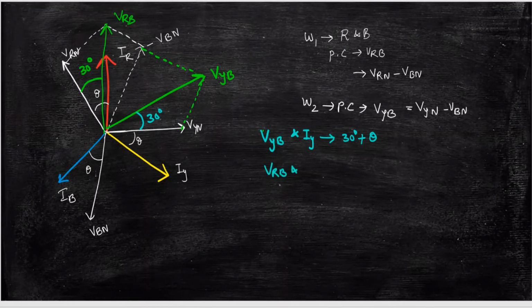and IR. VRB and IR. The total angle is zero.